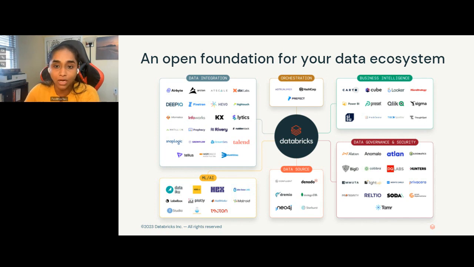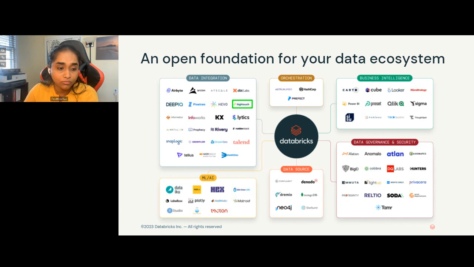We have Hightouch that we are going to focus on today, but pretty much we have an open foundation for your data ecosystem for orchestration, data sources. We have so many ML, AI, data governance. So you're not locked in. You can have an extended data platform strategy by adopting the Lakehouse and bringing your own tools to make it enriched.